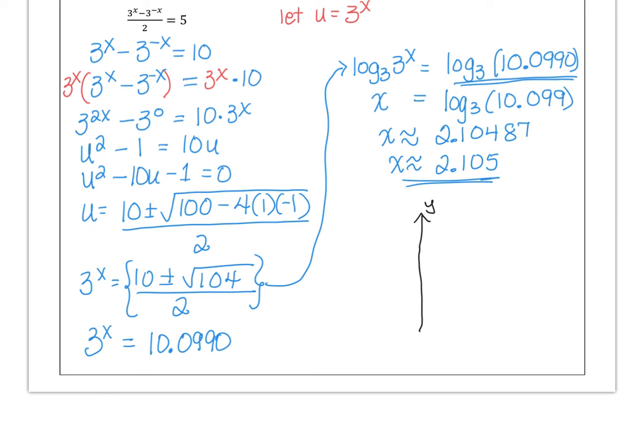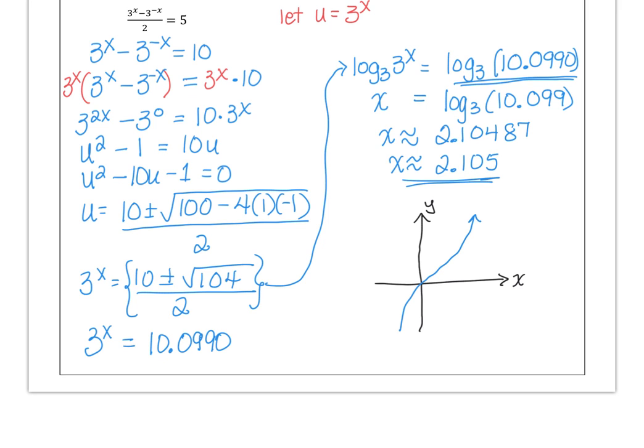This is my y-axis. This is our x-axis. We're graphing the original function, 3 to the x minus 3 to the negative x over 2. Looks like that.